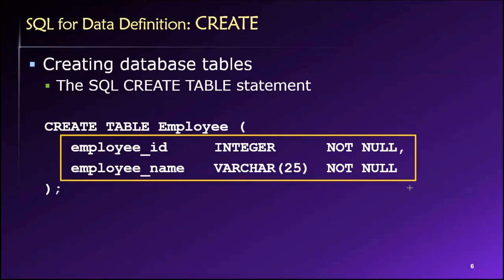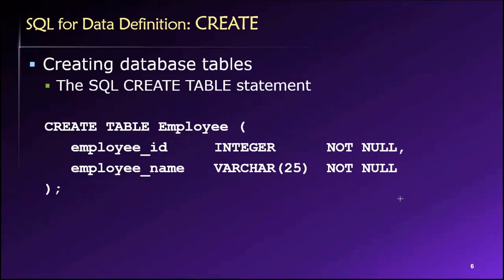Now, again, this one here is very simple because we always want to start with a simple version. In this case, all we're doing is creating a table that has two attributes. Create table, the name of the table, open parenthesis, and then the first thing that we do when we're creating a new table inside these parentheses is we specify the columns that we want to be included as part of the table structure.